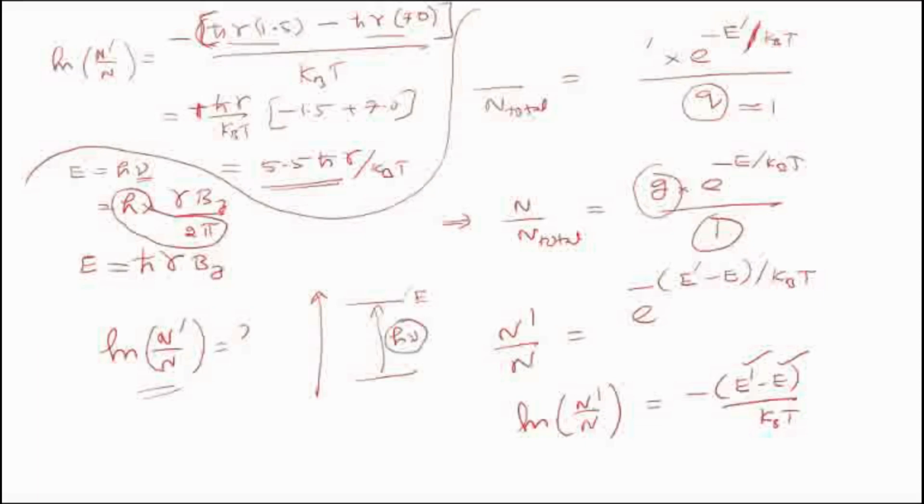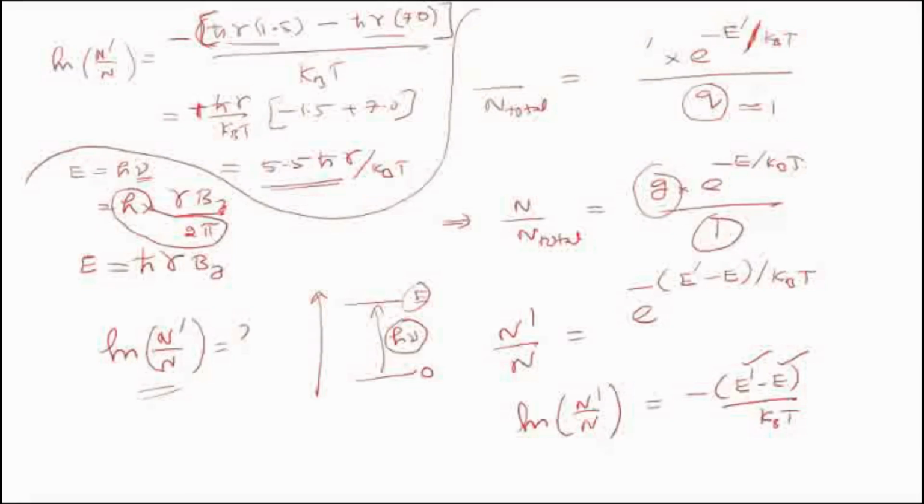So this E is supposed to be equal to h nu, assuming the ground level is 0. You know very well in statistical thermodynamics, we usually keep the ground state energy as 0. Therefore, the highest level energy is equal to the energy of the photon absorbed. So that's why I wrote E is equal to h nu in this case.